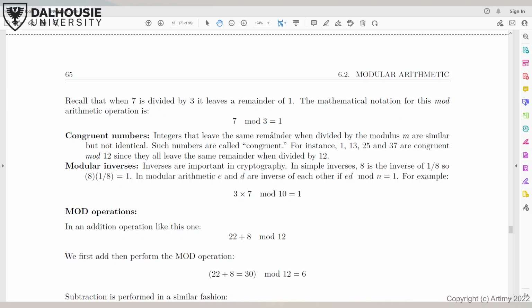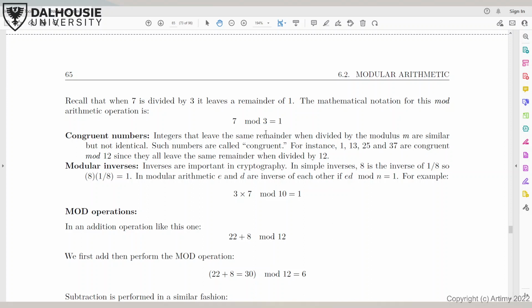We'll consider them congruent numbers. I hope I am pronouncing it right. So let's say 1 mod 12 is 1, 13 mod 12 is still 1, 25 mod 12 is still 1. So all of these are considered not identical, but similar.